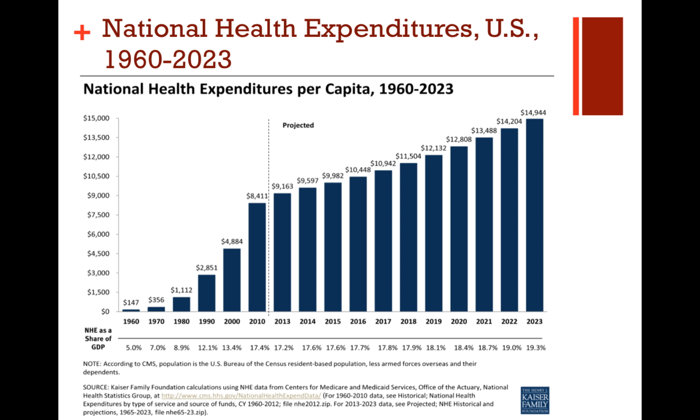Between 1960 and current 2018, the cost of our national healthcare expenditures have exploded. And this is why over the past 10 years, there's been this increasing focus. And you can see between 2000 and 2010, we just about doubled our national healthcare expenditures.